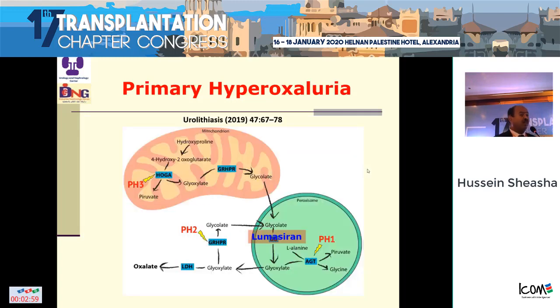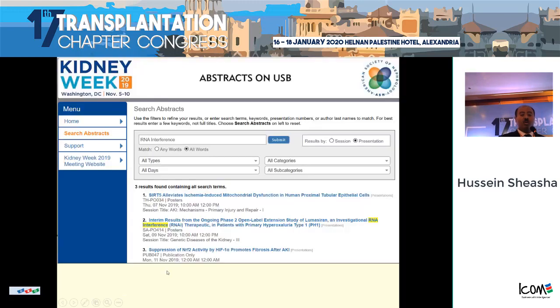Another hope is to have a drug for primary hyperoxaluria for treating and inhibiting enzymes. And this lumasiran is one of the RNA interference therapeutics that stop here this enzyme, which is associated with increasing oxalate.